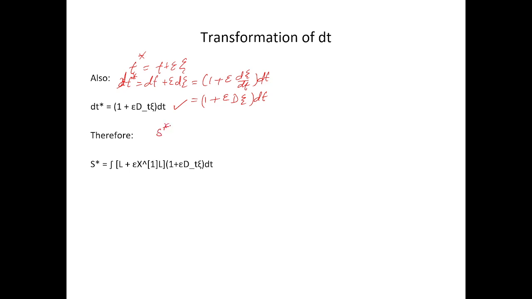A star was this integral L star dt star.